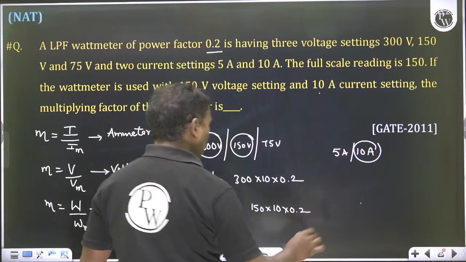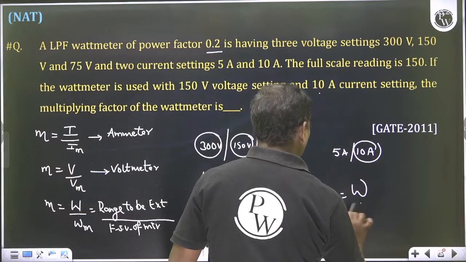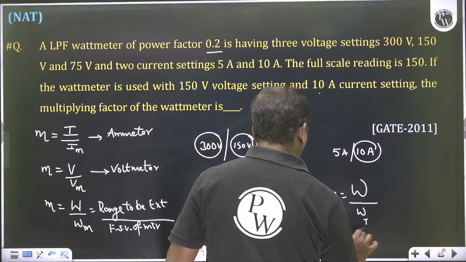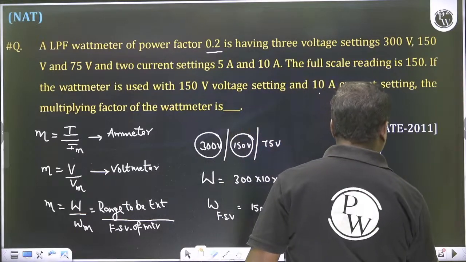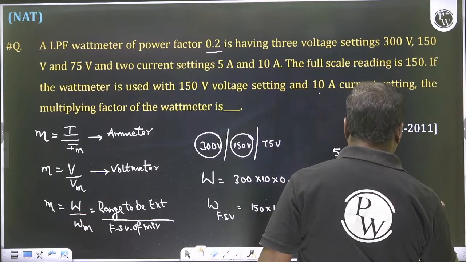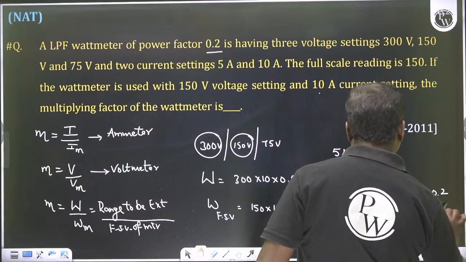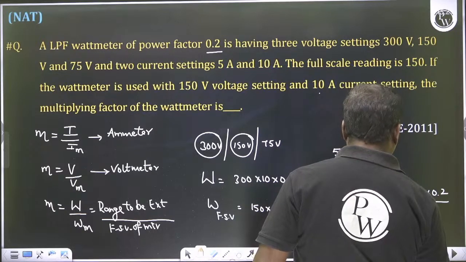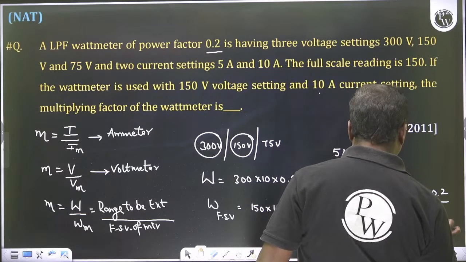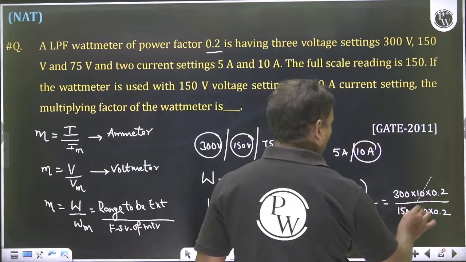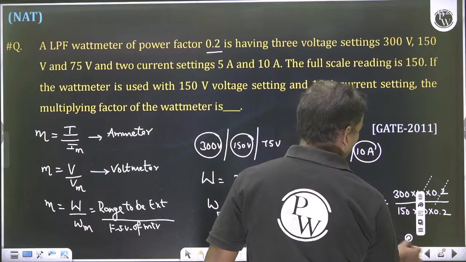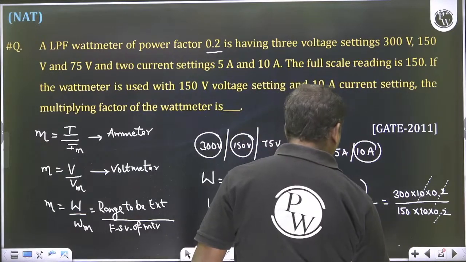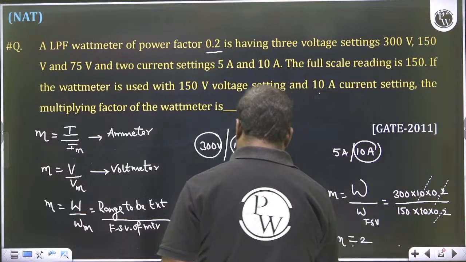Multiplying factor is equal to this by this, that is 300 into 10 into 0.2 divided by 150 into 10 into 0.2. This gets cancelled, so the answer will be 2. The right answer is multiplying factor 2.